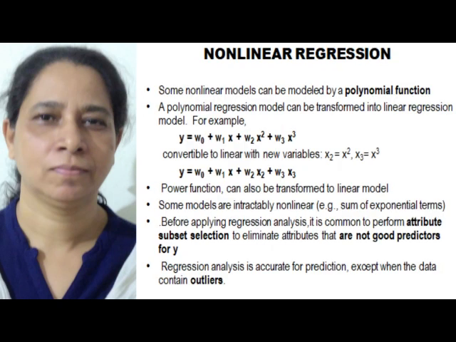Now we will see the details of non-linear regression. To model data that does not show any linear dependence, we can use non-linear regression. In such cases, the relationship between the response variable and predictor variable can be modeled by a polynomial function.